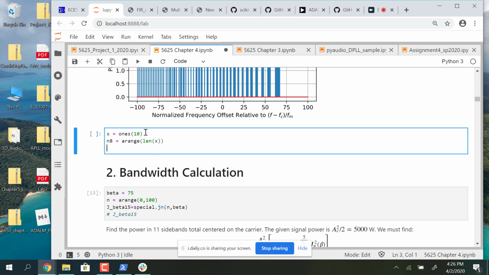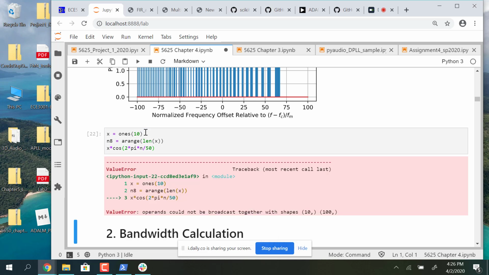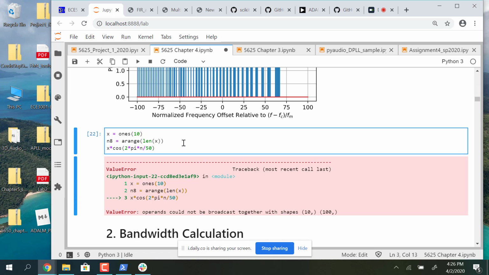And then I can just take x times cosine of 2 times pi times n over 50, let's just say. Oops, I didn't make these things the same length. Length of x, that's 10. Oh, n was hanging out in here from something else.